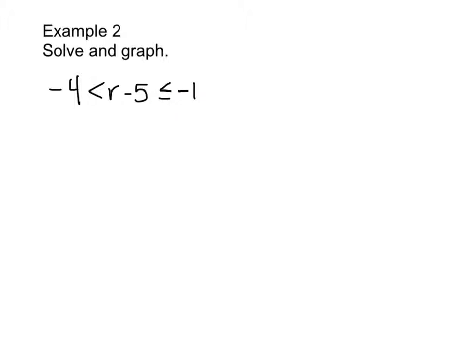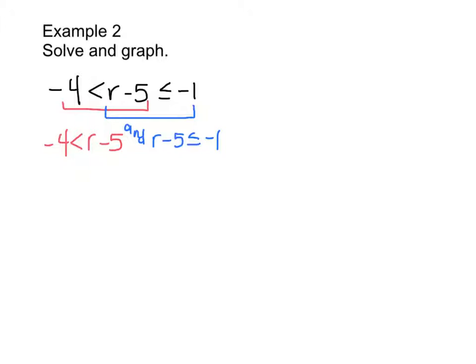Automatically. So you could write negative 4 is less than r minus 5. You could then take the other inequality and write r minus 5 is less than or equal to negative 1. And we could separate it by the word and, which you must put there.